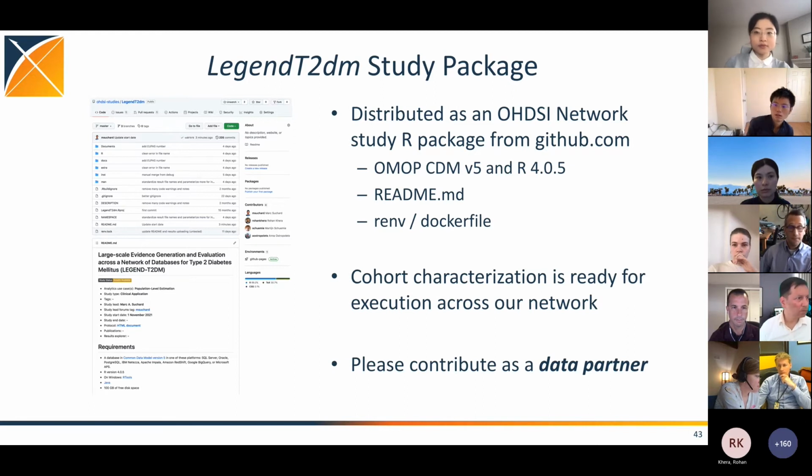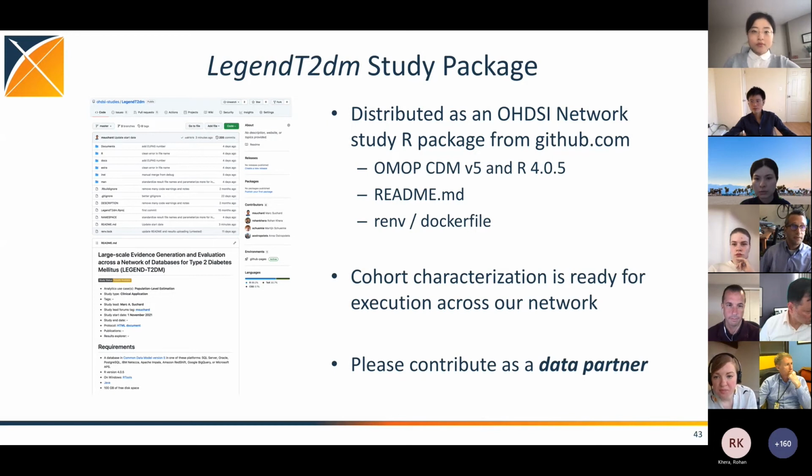In order to participate as a data partner, you'll need data that is ETL'd into OMOP CDM version 5, and our executables run against R 4.0.5. Within the study package itself, we're using the renv environment to make sure that all dependencies are up to date and available upon installation.